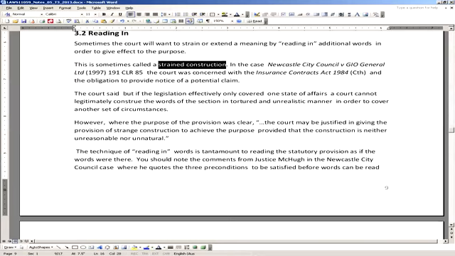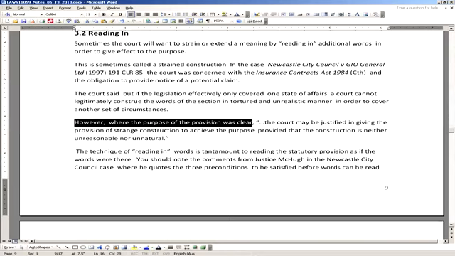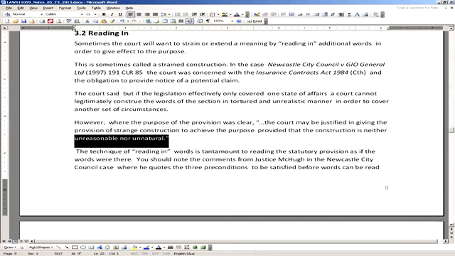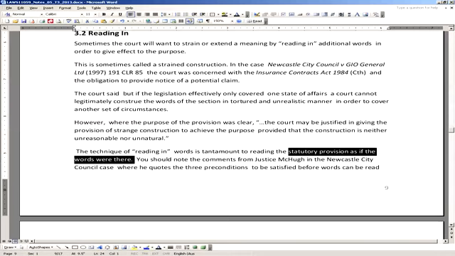And that's what they're saying here. Where the purpose of the provision is clear, the court may be justified in giving the provision, it should say a strained construction to achieve the purpose, provided that the construction is neither unreasonable nor unnatural. Read the section or the provision as if the words were there, even though they're not there.